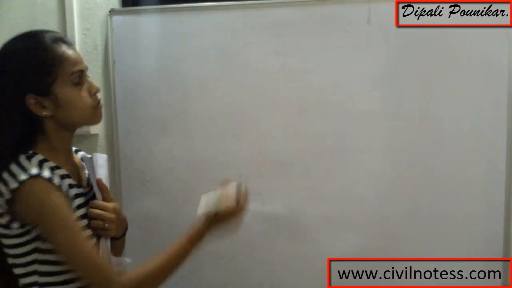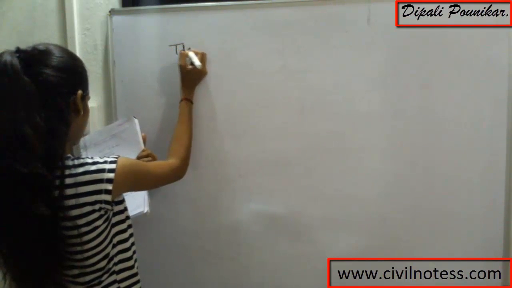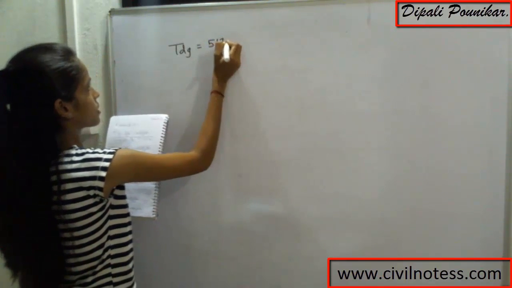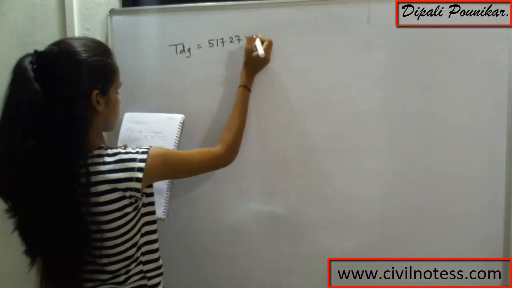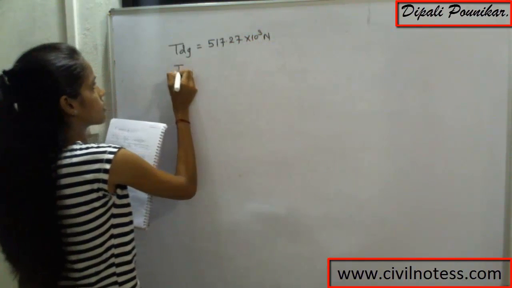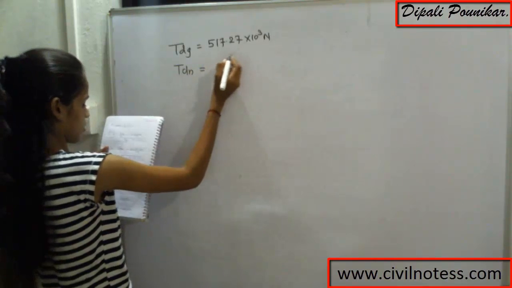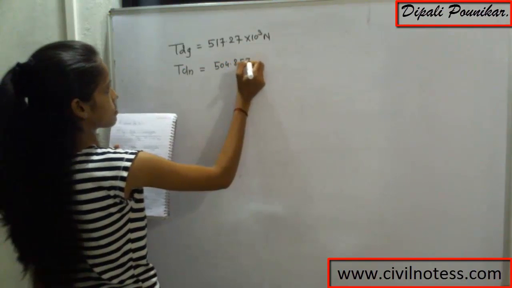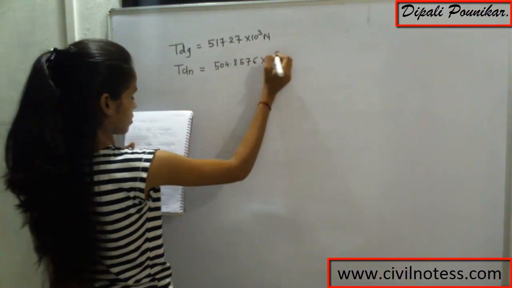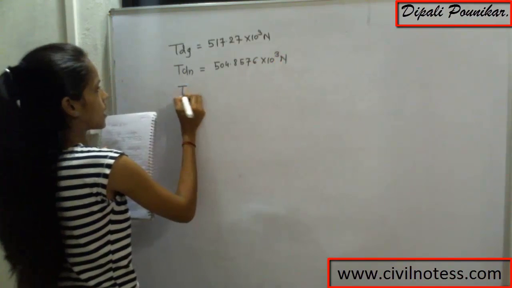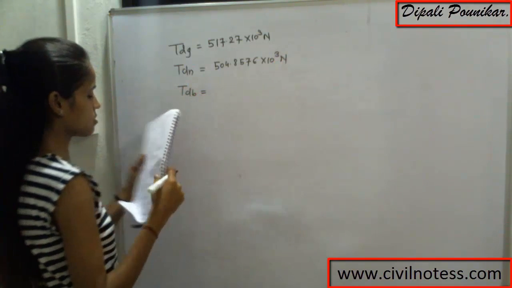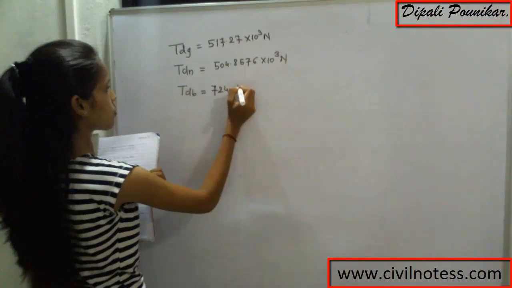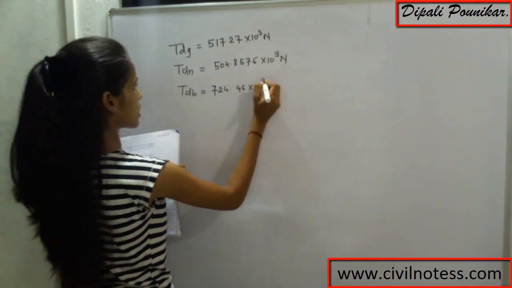Now we know the value of TDG, that is 517.27 into 10 to the power 3 Newton. Next one is TDN, that is 504.8576 into 10 to the power 3 Newton. And the TDB for the double angle section is 724.46 into 10 to the power 3 Newton.